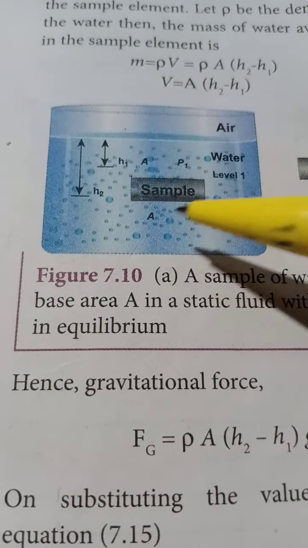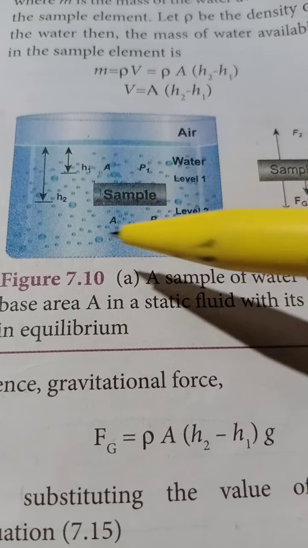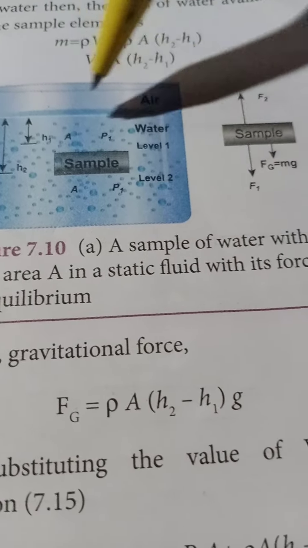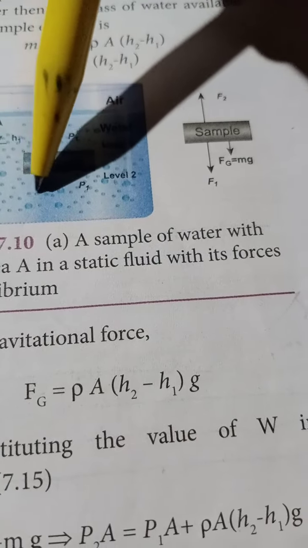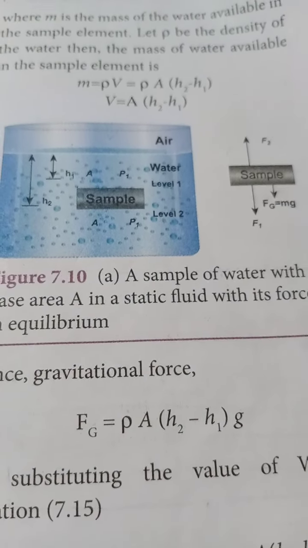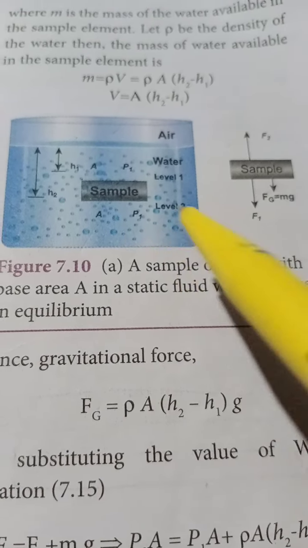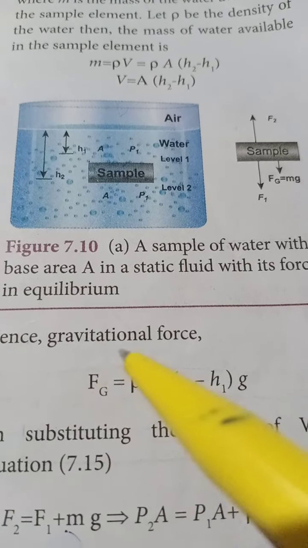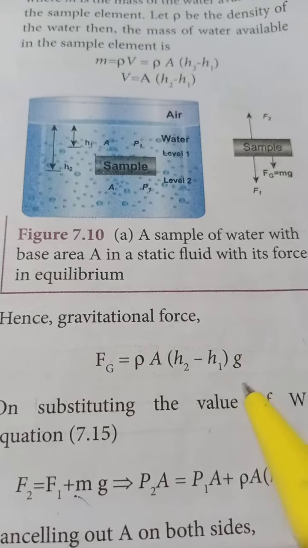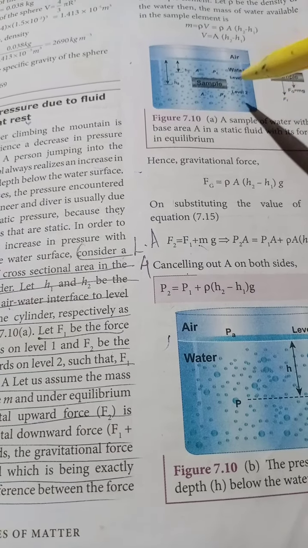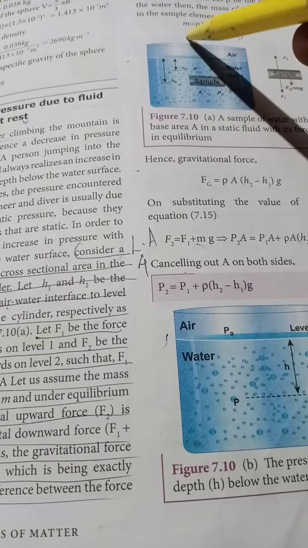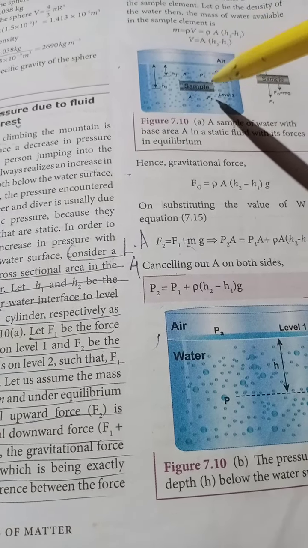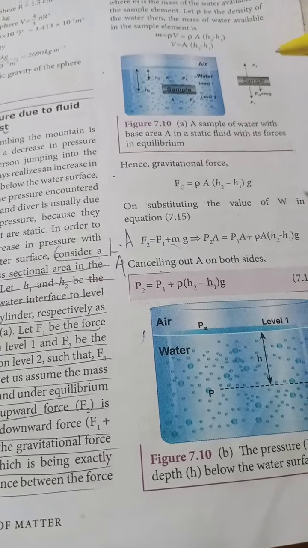Here there is a sample kept inside a container, and suppose you are looking from upside, you can see that the sample is the same as a cylinder. When we look at this sample from outside of this container, it looks like a cylinder.